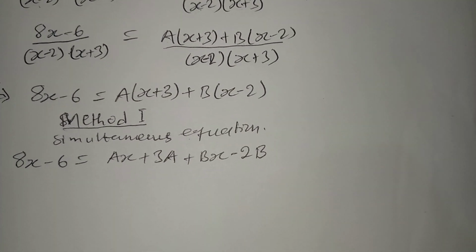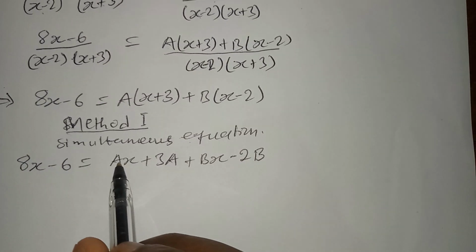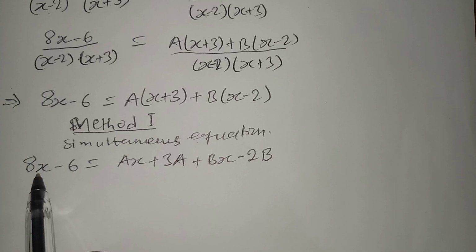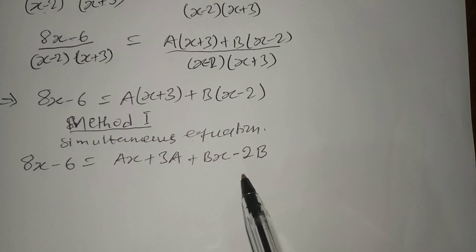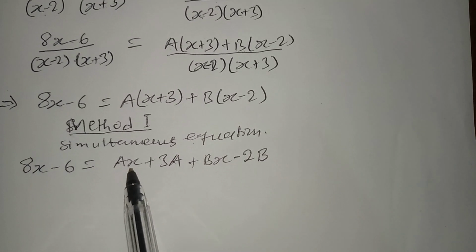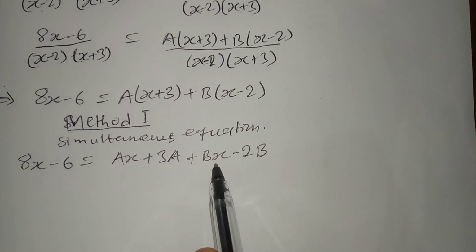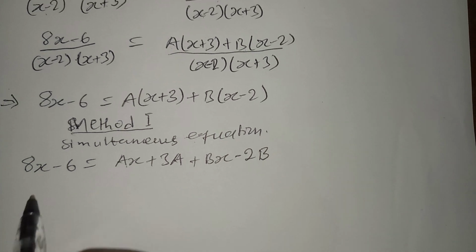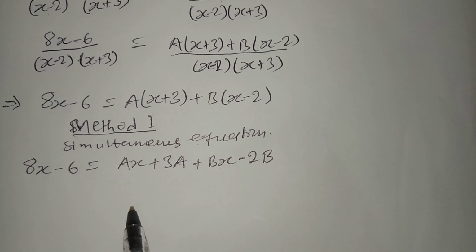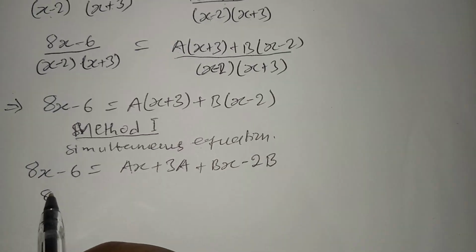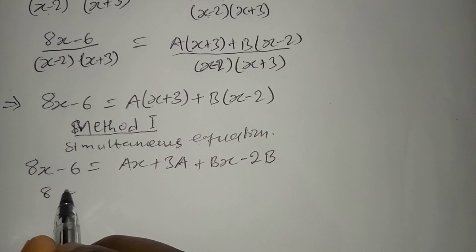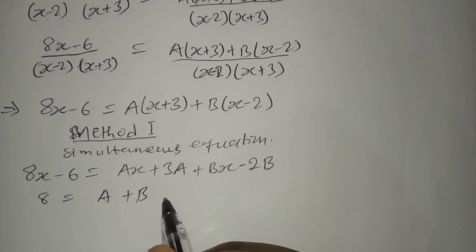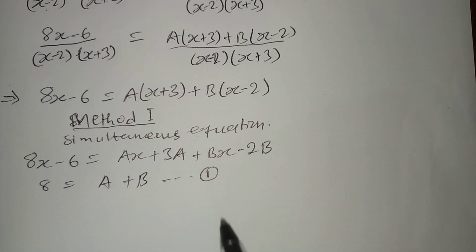Now, having gotten this, we compare the coefficients. On the left hand side, we have 8x. Comparing it to the right hand side, we have Ax and also Bx. We pick all the x components and equate them. So we have 8 equal to A plus B, and we name this equation 1.